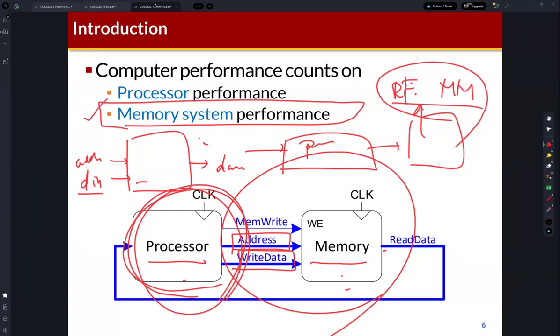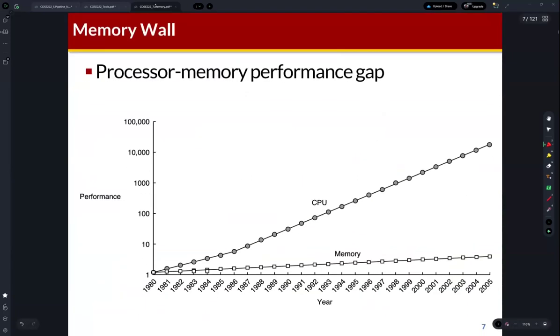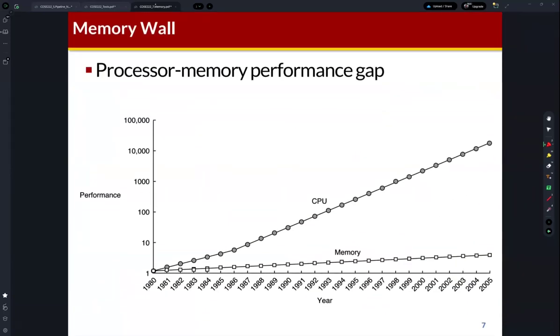You can understand the processor model like this. But what's the problem? As I mentioned, we just assume that the memory is very, very fast. But actually, it's not true.